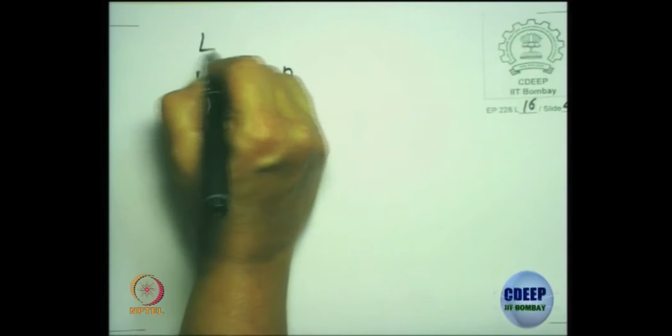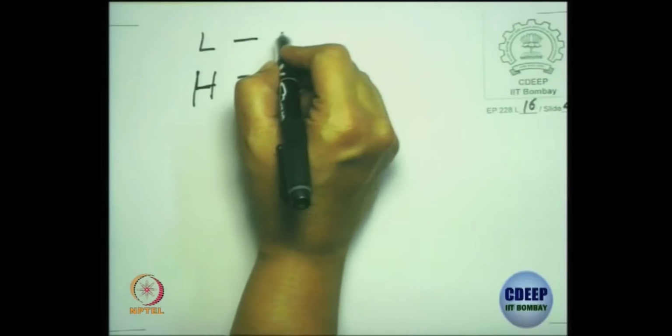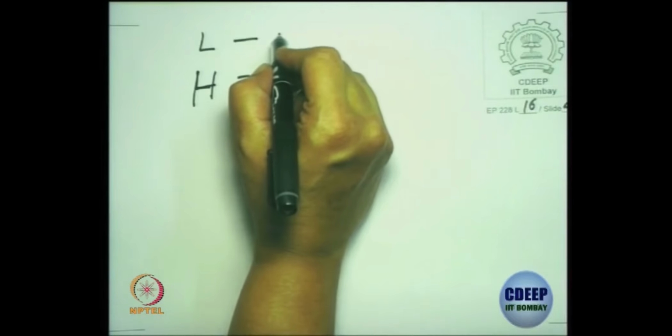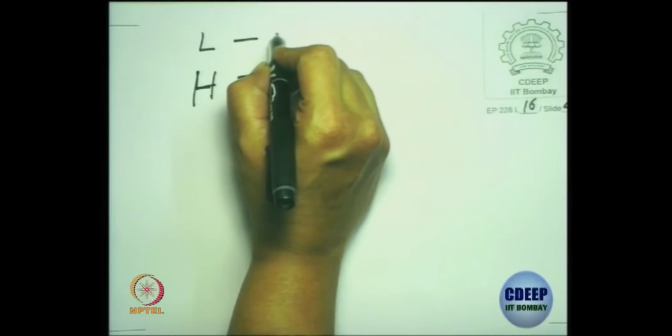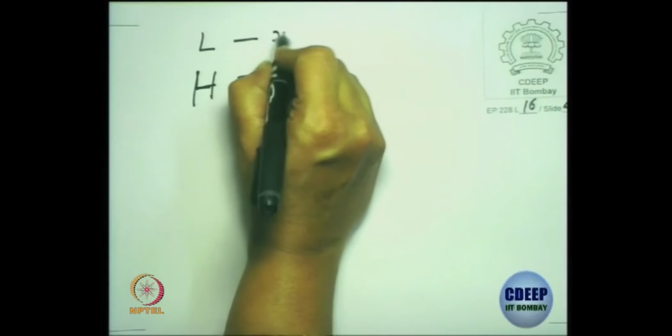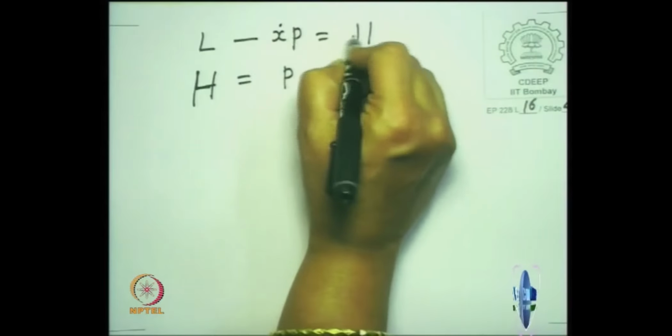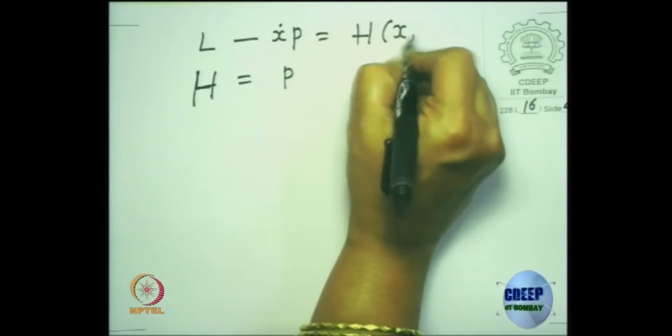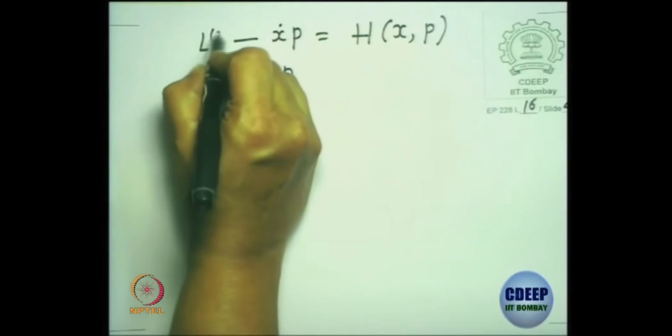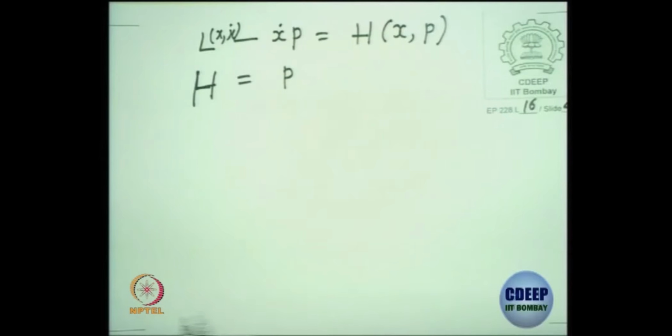How is the Hamiltonian related to the Lagrangian? Is it p dot or q dot? Yeah, this is the Legendre transform, which will give you a function of x and p, whereas the Lagrangian is a function of x and x dot, and you can write the Hamiltonian and look at the equations of motion there also.